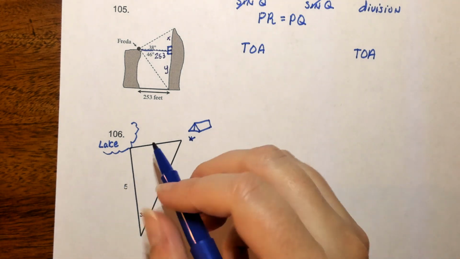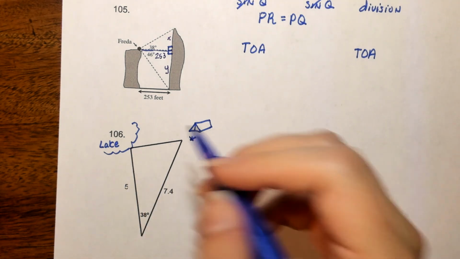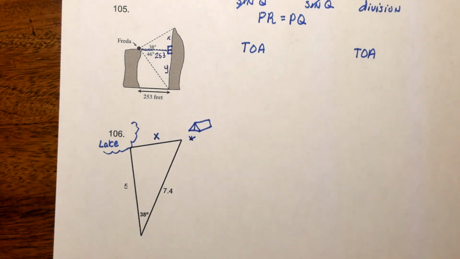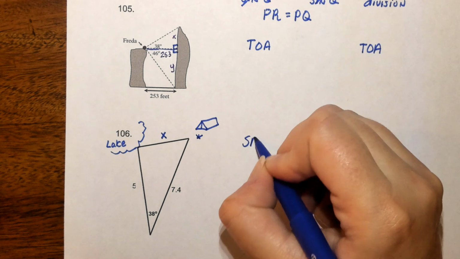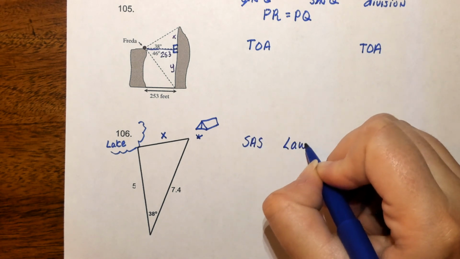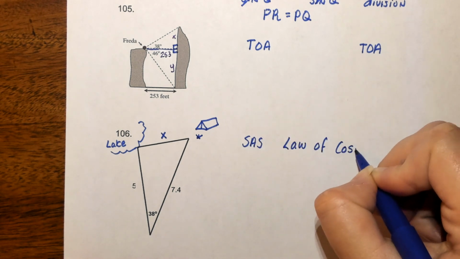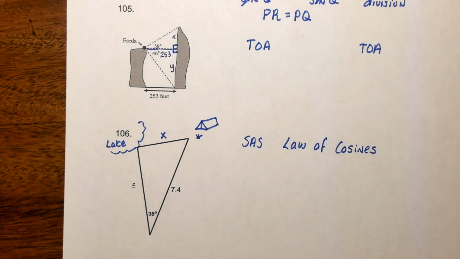And what you want to know is how far Lisa's going to have to hike from the lake to the campsite. This one is beautifully set up side angle side, so you have a lot of cosines. And I'm going to let you guys do that because I know you can.